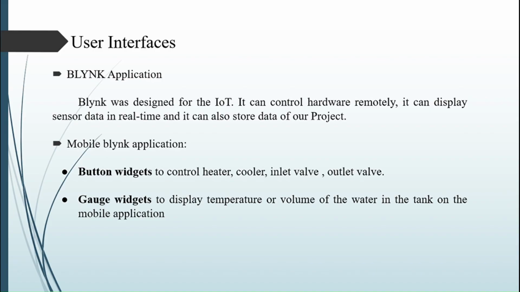In the mobile Blynk application, we have button widgets and gauge widgets. Button widgets are used to control the heater, cooler, inlet valve, and outlet valve of the serial tank. Gauge widgets are used to display the temperature dropping or increasing, or the volume currently in our serial tank.